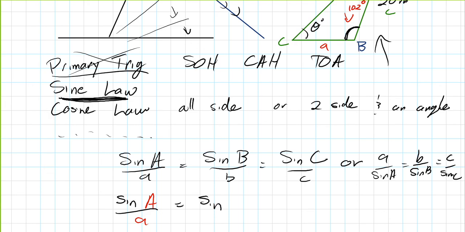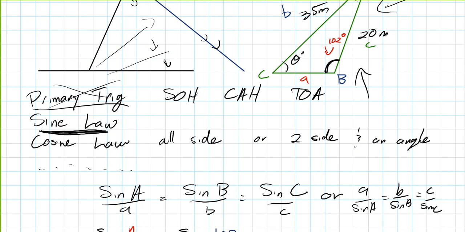We got some info here. So sine 102 over the side length of 35. And C happened to be our theta. We're actually looking for that. Theta, we'll call it, okay?